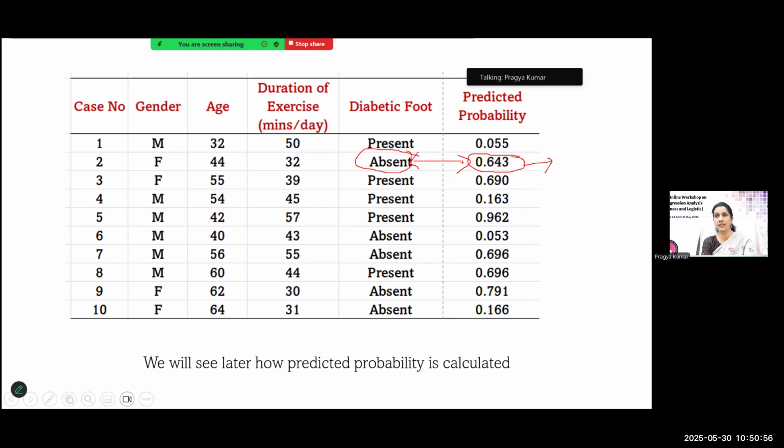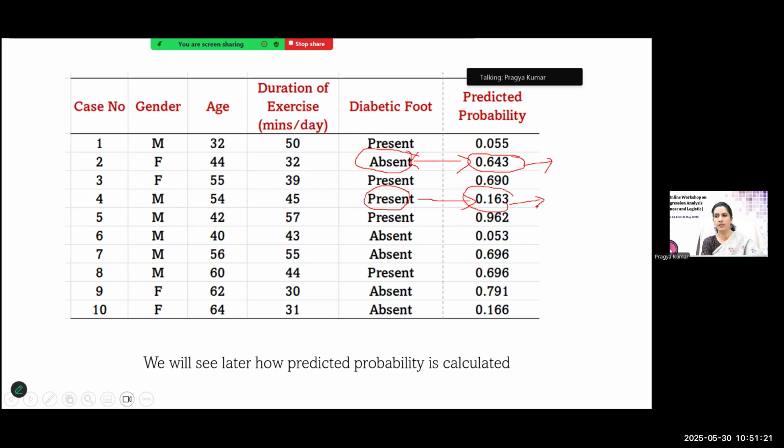Residual here is generally not calculated the way we have seen in linear regression. Similarly, this is the mismatch. Mismatch means the model is saying that the diabetic foot will be there. But if the predicted probability is 0.163, what will be your answer?